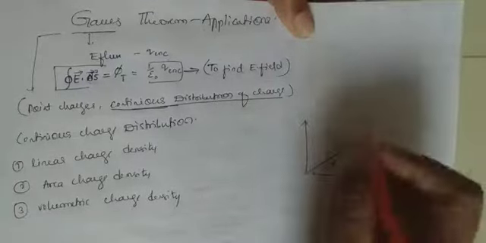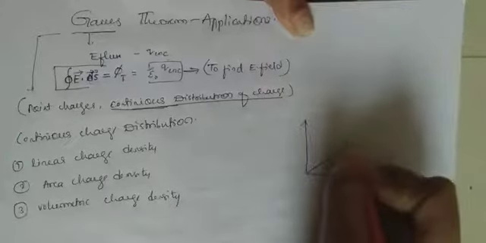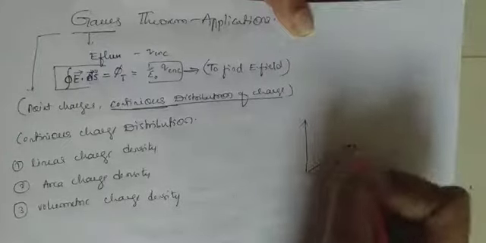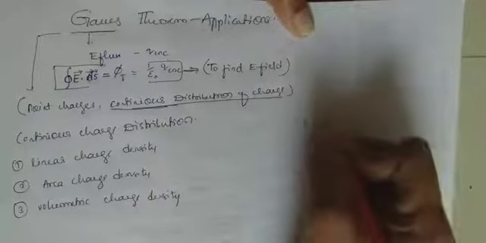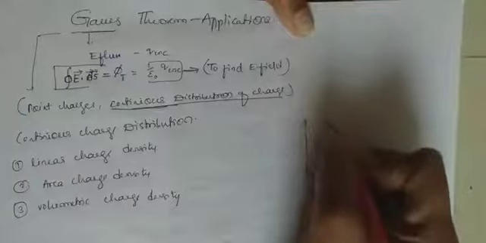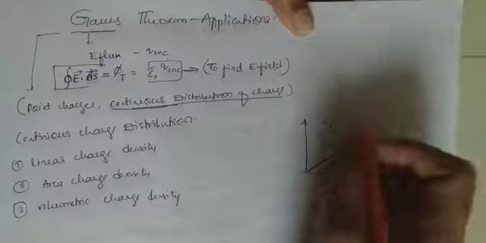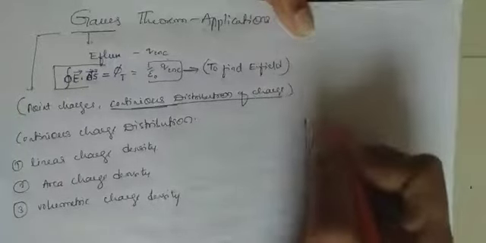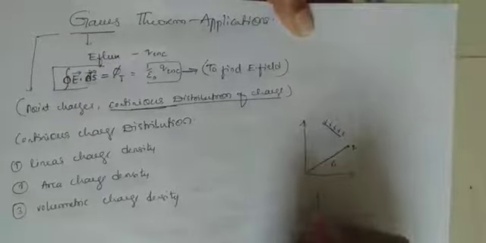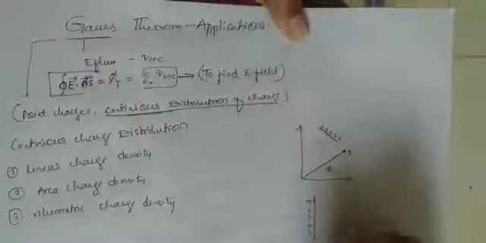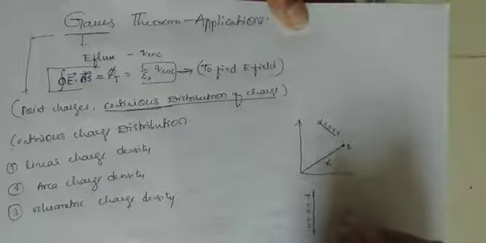If instead of the point charge we are having one line charge, this is one conductor. On the conductor the charge is distributed like this, and we have to find the electric field here.